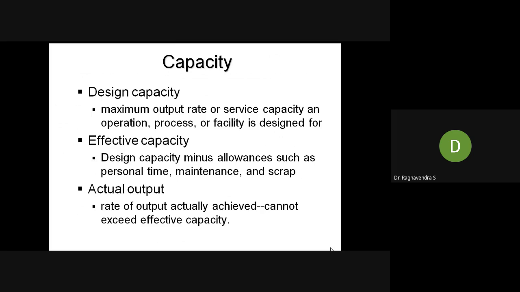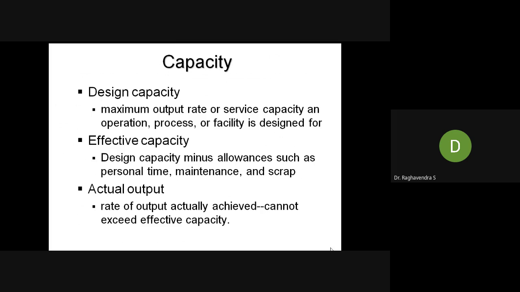Usually they restrict it to 85 tons, for the safer side, for maintenance. Even though the truck has the capacity to bear the load of 100 tons, it cannot be loaded to the complete 100 tons. That is the effective capacity. So 85 tons is the effective capacity. Why is it 85? Because we are taking out, we are giving some allowances for this.